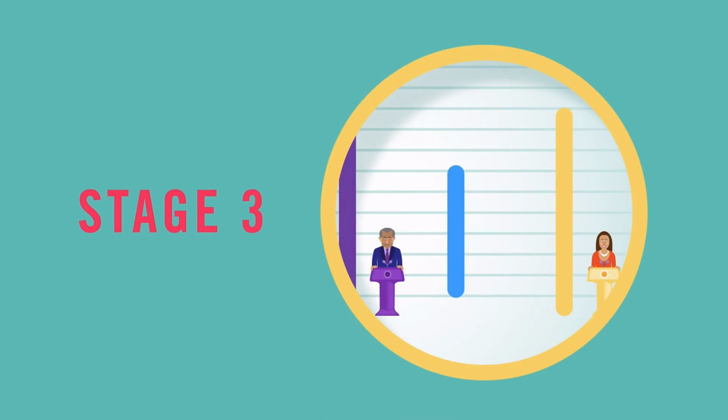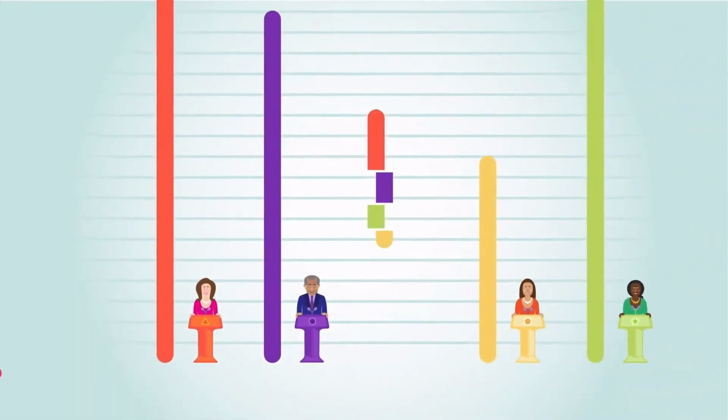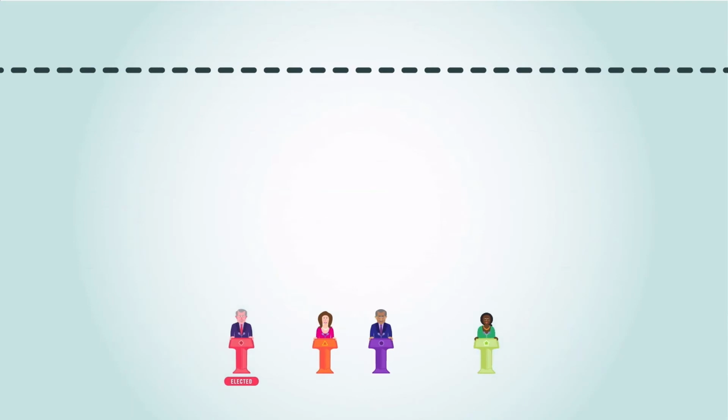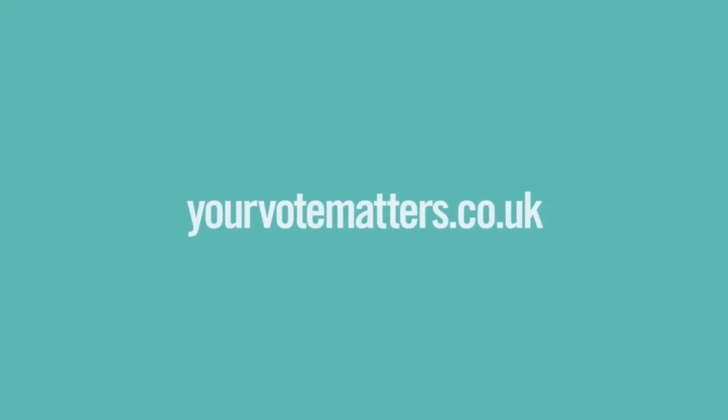Stage 3. All of their votes are passed to the next preference on those ballot papers. This process is repeated until all seats up for election have been filled and your councillors have been elected. Got it? Great work! Do you understand now? Good.